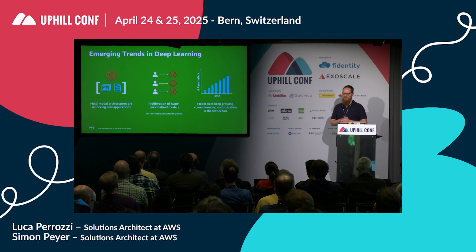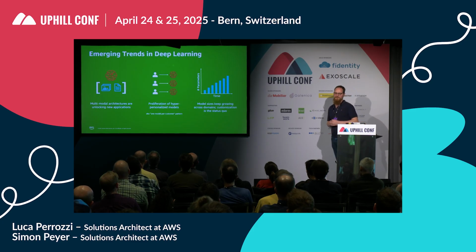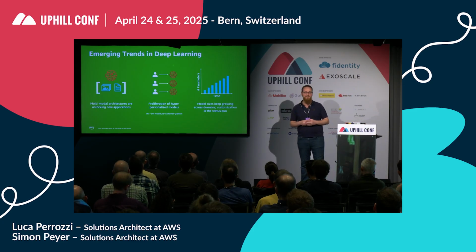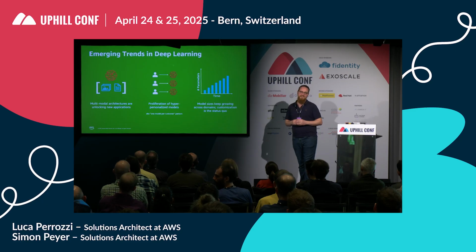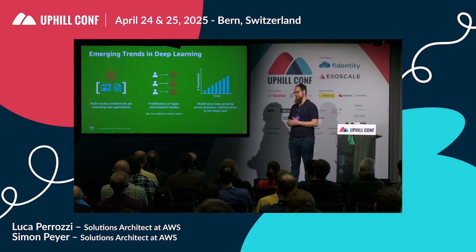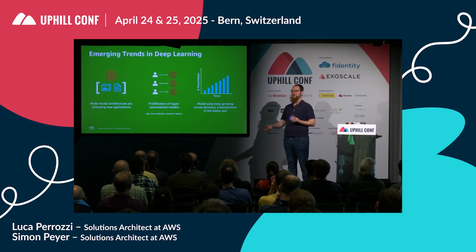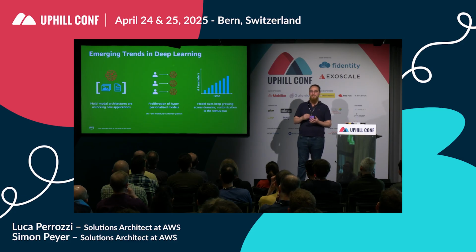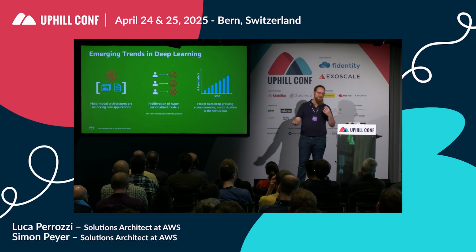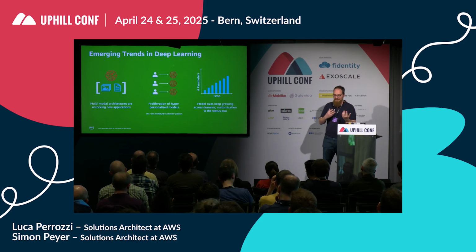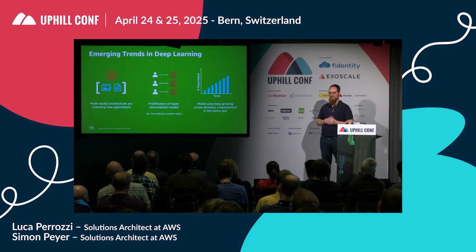So talking about trends in deep learning. The first trend you observe is that with multi-modal architectures, you have a lot more possibilities, right? If you think about combining text and images, outputting images, combining video, there are really new applications you can create.